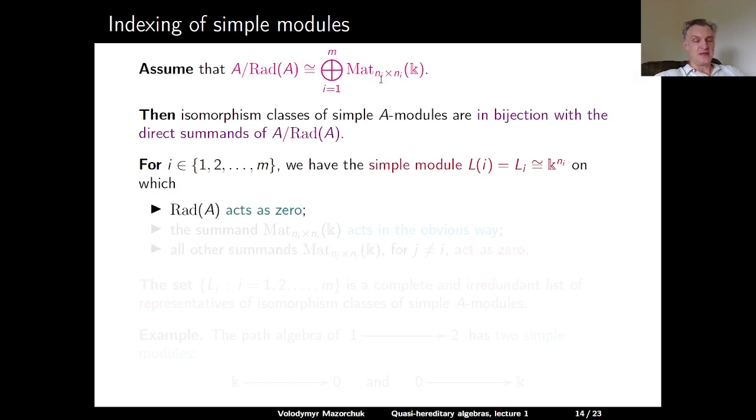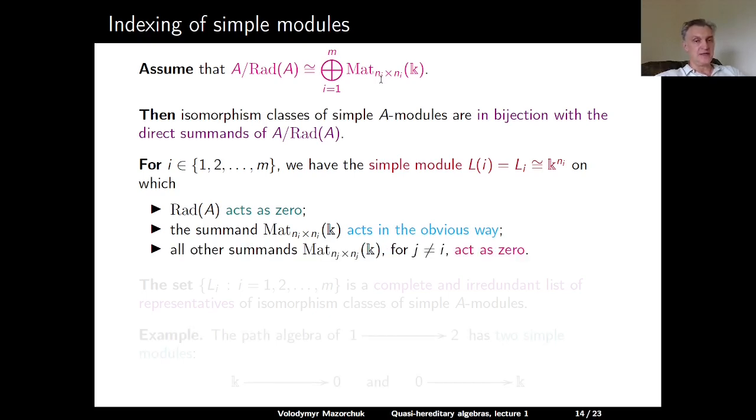And for this simple module, we have the following. First of all, the radical of A kills it. The corresponding summand of A modulo the radical of A, so the matrices n_i times n_i with coefficients in K, acts on this module in the obvious way. This is a unique simple module over this summand.